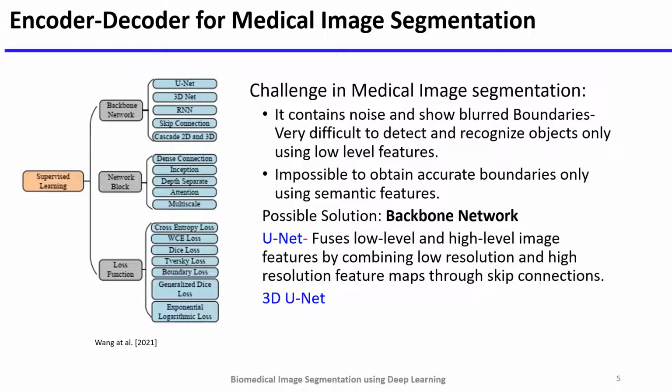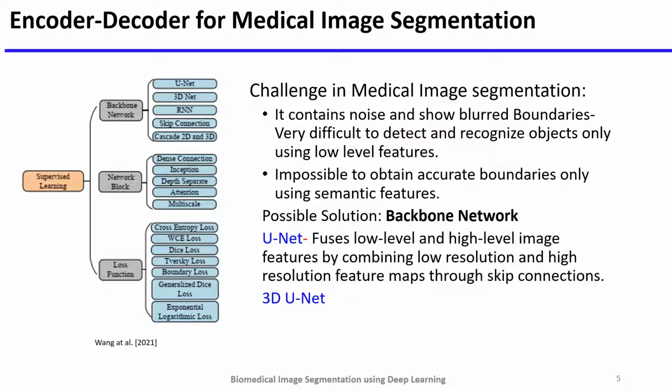In this case, since it is supervised, we have a data set of images and the corresponding labels or segmentations are available so that we can train the model.